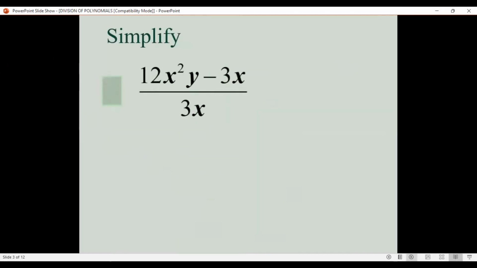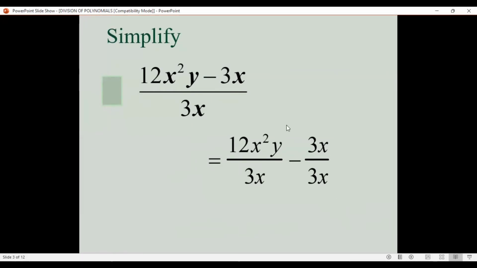Suppose you have 12x squared y minus 3x all over 3x. The common mistake of students here is that they actually remove the last term. So usually if you give them this, you will just answer 4x and then 4xy.